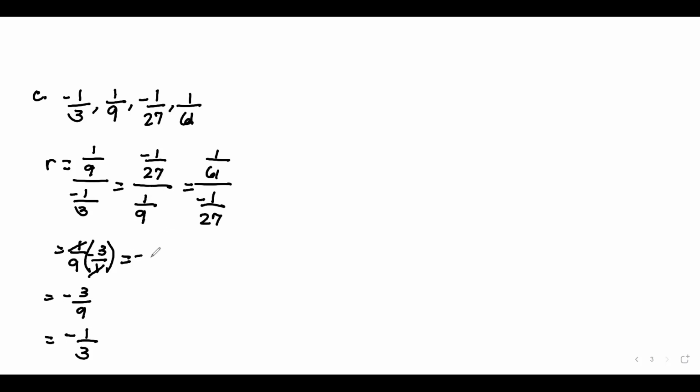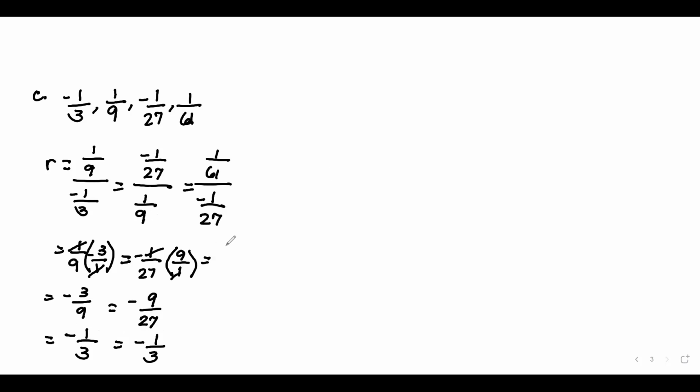Next, negative 1 over 27, proceed to multiplication, reciprocal of this, 9 over 1. So we will have negative 9 over 27, get the lowest term, which is also equal to negative 1/3.